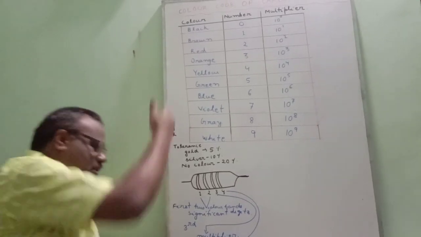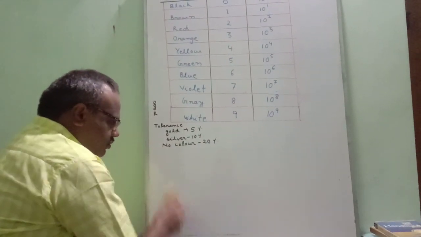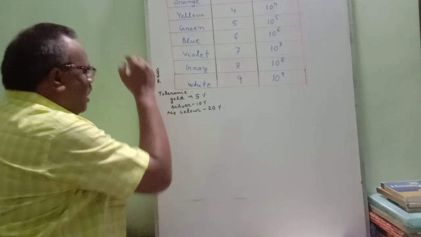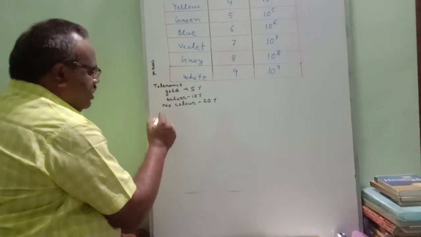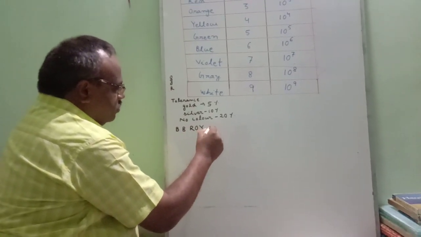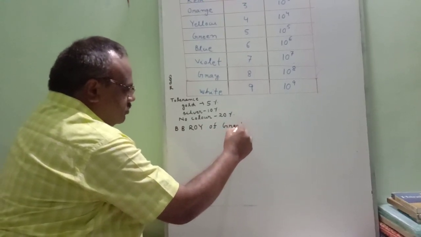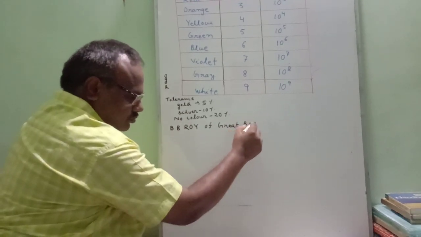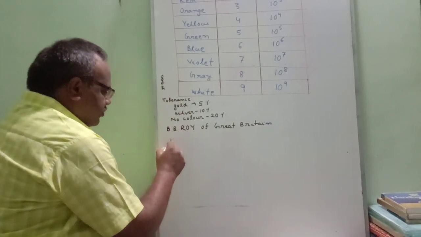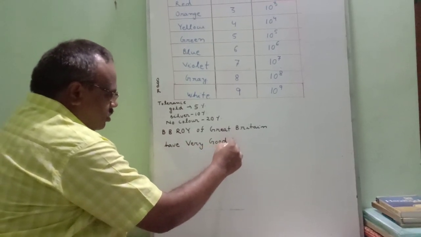And to remember this, there is a phrase which is written like this: B B Roy of Great Britain has a Very Good Wife.